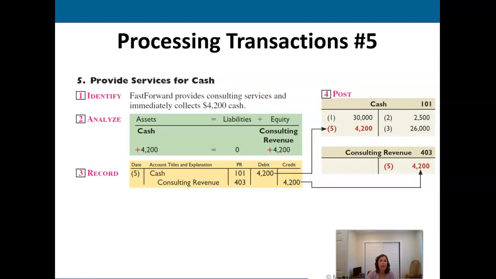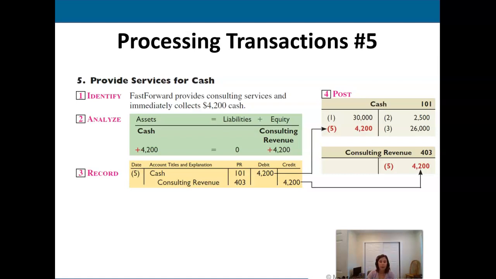All right, we provided some services for cash. We have services, we have cash. What's another name for services? Could be income, could be revenue, we could specify more specifically what types of services if we really wanted to break it down. And in this case, we call it consulting revenue. And that falls over here under the equity side of things. And so because we got paid, we got cash, cash is an asset, the balance went up, that's a debit.